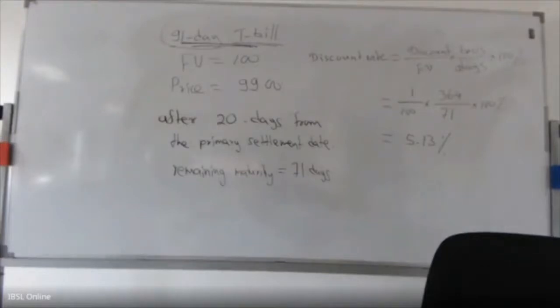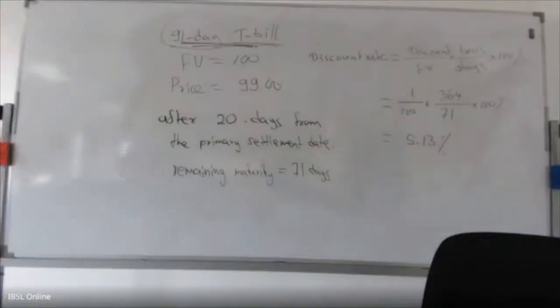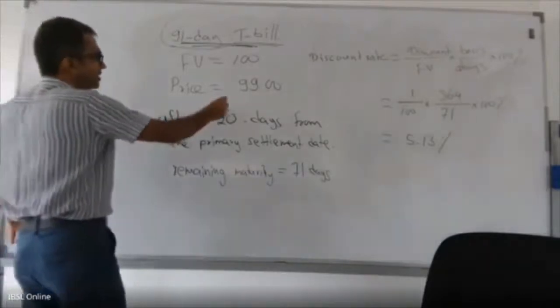Now you can see some of the questions that you asked. So assume at the primary auction, someone bought this, as we discussed, by paying 99 rupees.